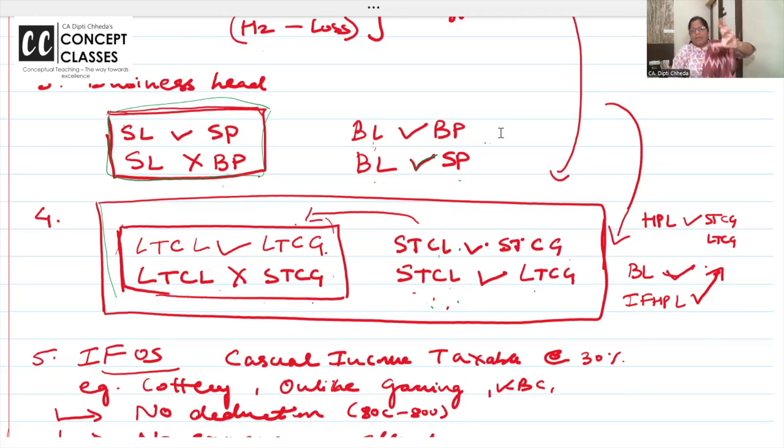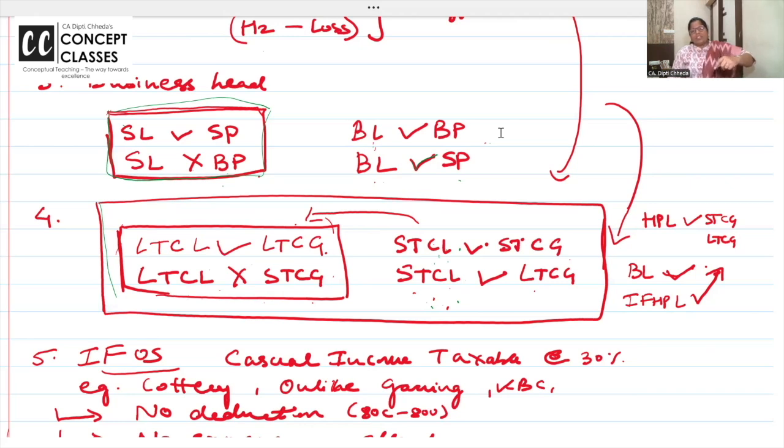Long-term capital loss is staying in the duplex house first floor. It can be set off only in long-term capital gain. Long-term capital loss cannot be set off in short-term capital gain. But on the ground floor, who is staying? Short-term capital loss. Can it be set off on the ground floor only with the other short-term capital gain? Yes.